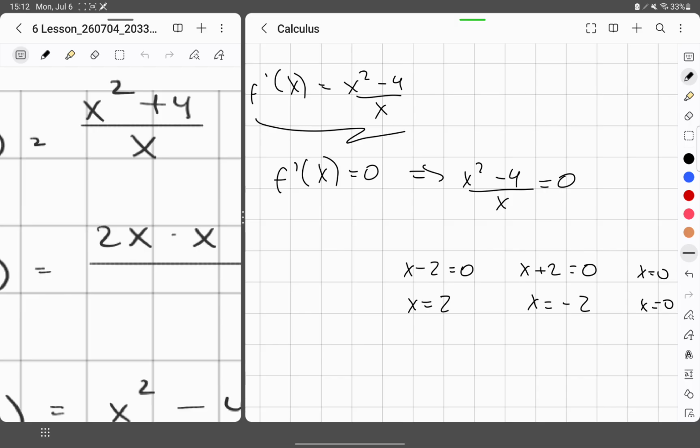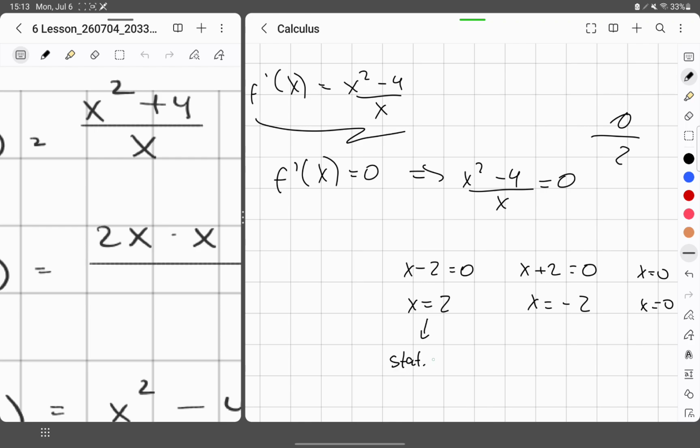So at which values will our derivative be 0? Let's find it. If we put x equal to 2 here, 2 squared minus 4 is 0, over 2, so it will make our function 0. So 2 is our stationary point.